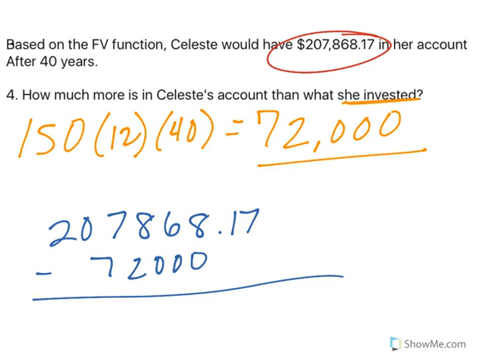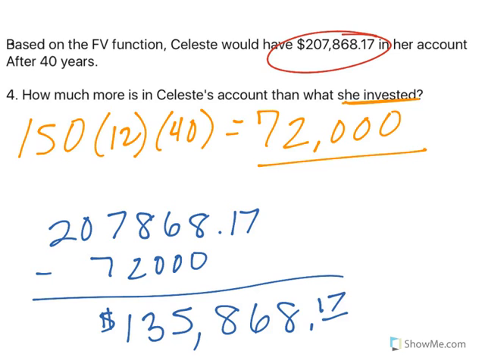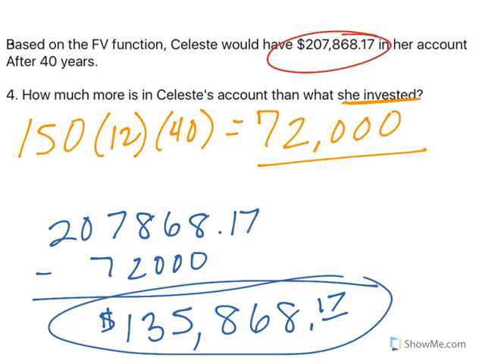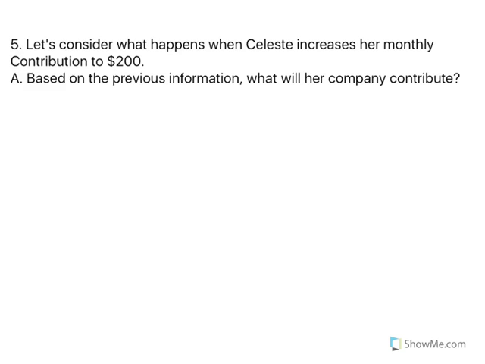So if we subtract the $72,000, that means there is $135,868.17 more than what she invested. That's all free money. That's coming from the company and from interest, right? So you can't go wrong with free money.